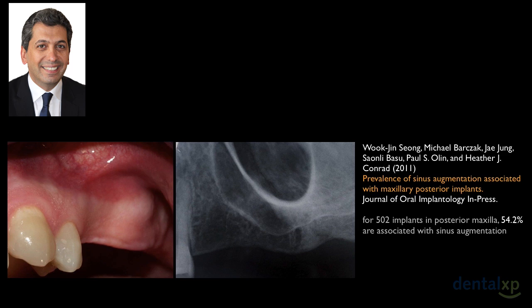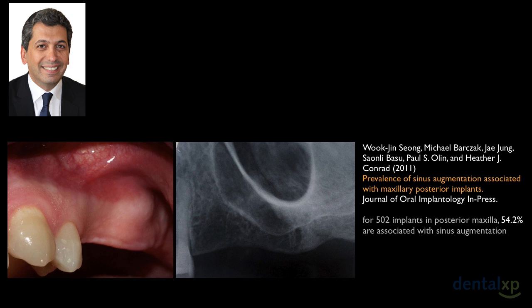We all know as clinicians who are involved in doing implants that any time we are facing a posterior maxillary edentulous patient, we have to bear in mind that there is a strong possibility to have a pneumatized maxillary sinus, as we can see in this radiograph.